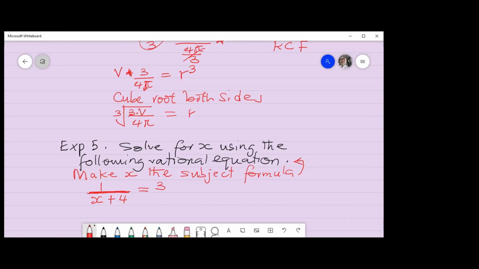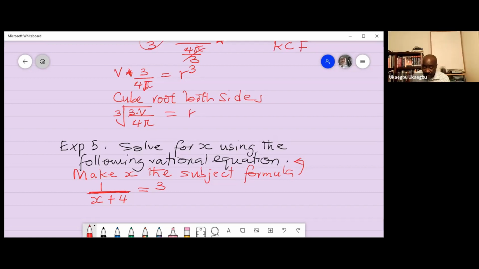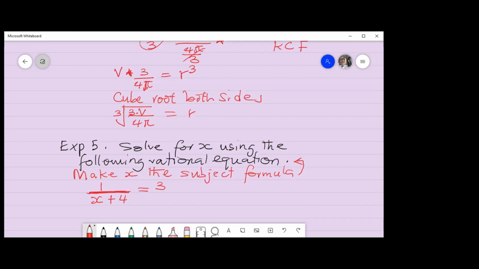I got x is equal to 3 times 1 minus 4. I guess the first thing I did, because you're trying to separate x, the x plus 4 is being divided by 1, so I multiplied 1 on both sides to cancel it out.